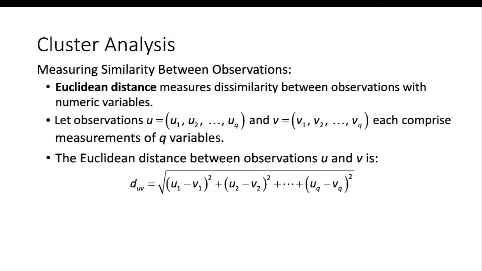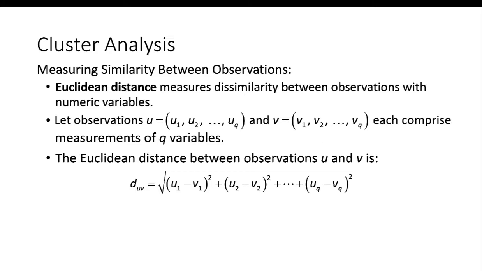The goal of cluster analysis is to group observations into clusters so that the observations in a cluster are similar and observations in different clusters are dissimilar. So we need to measure similarity, or the other way around, dissimilarity.